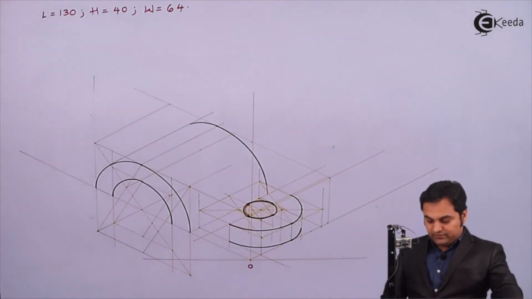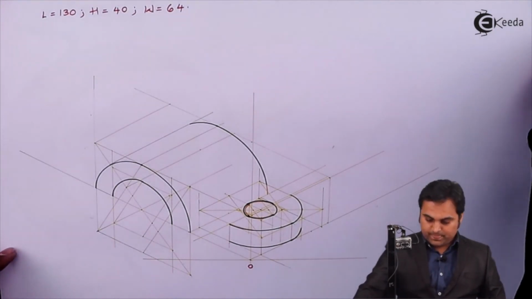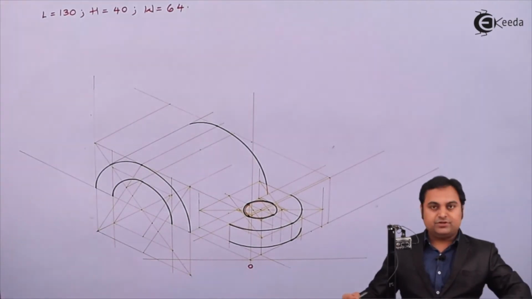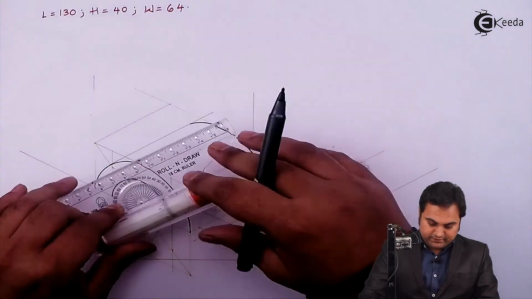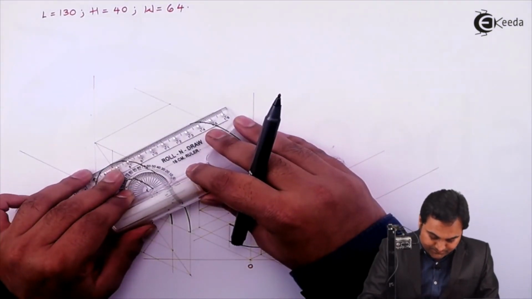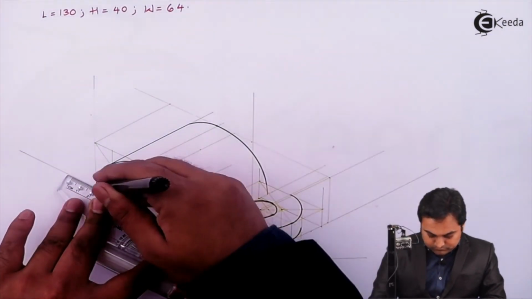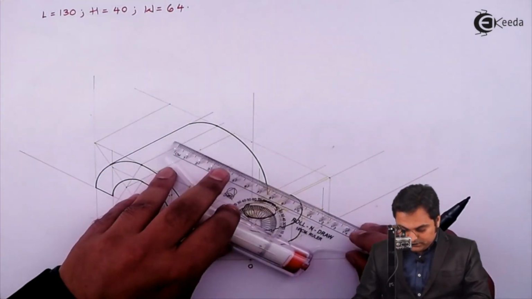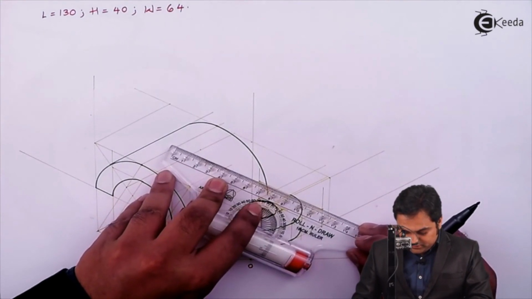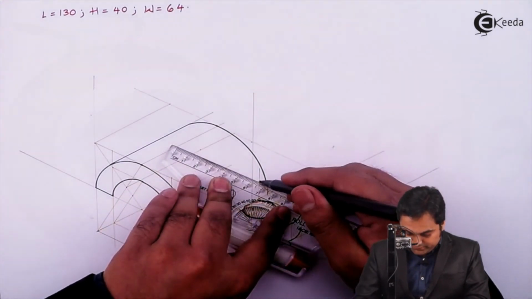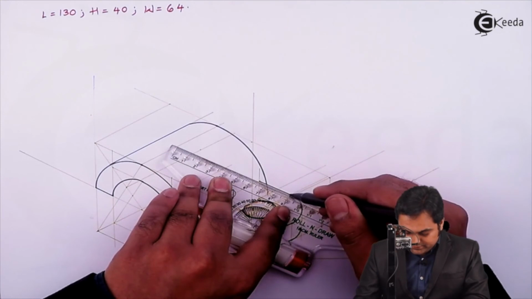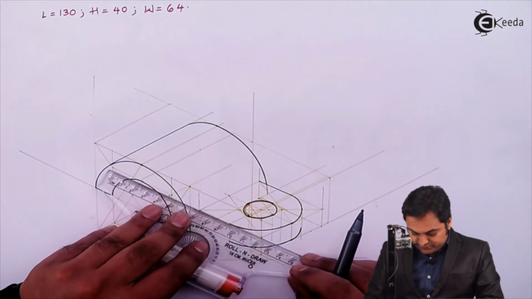Then, after making them dark, here I'll draw the surfaces, connecting both the semicircles here. Then these semicircles are going inside this semicircular surface.